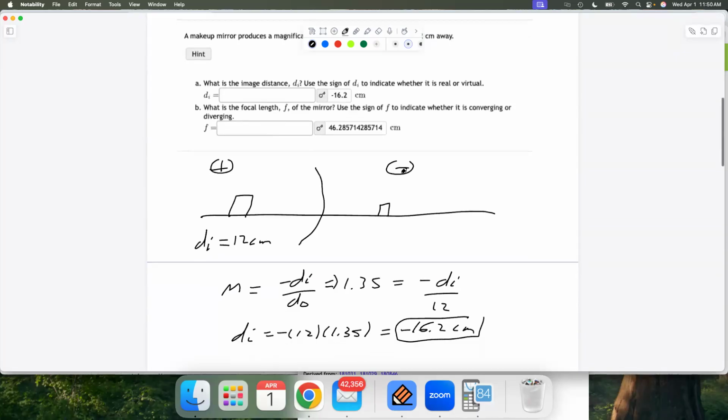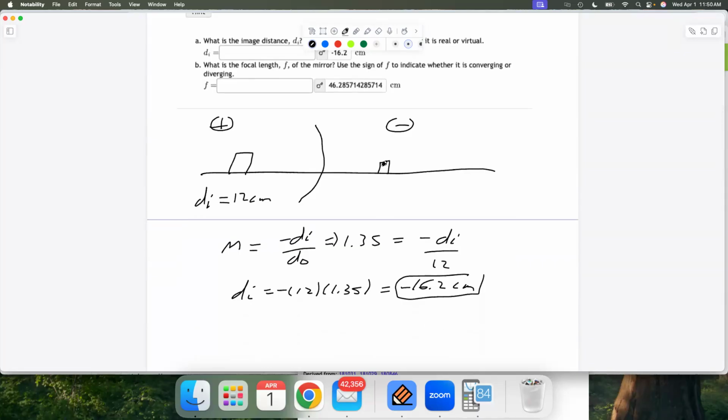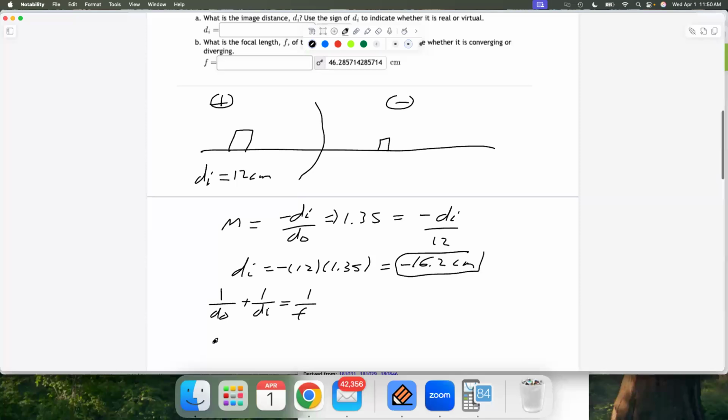Okay, so now that we got di, we know that the image has to be behind the mirror. And then we can find f using 1 over do plus 1 over di equals 1 over f. So that'd be 1 over 12 minus, because di is negative, 1 over 16.2 must be 1 over f.